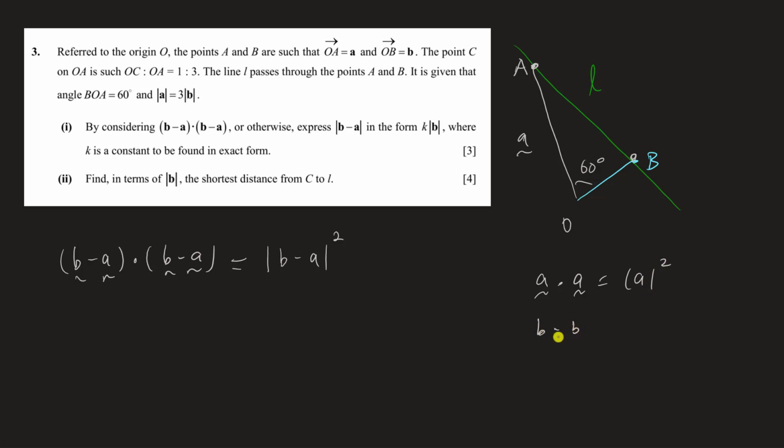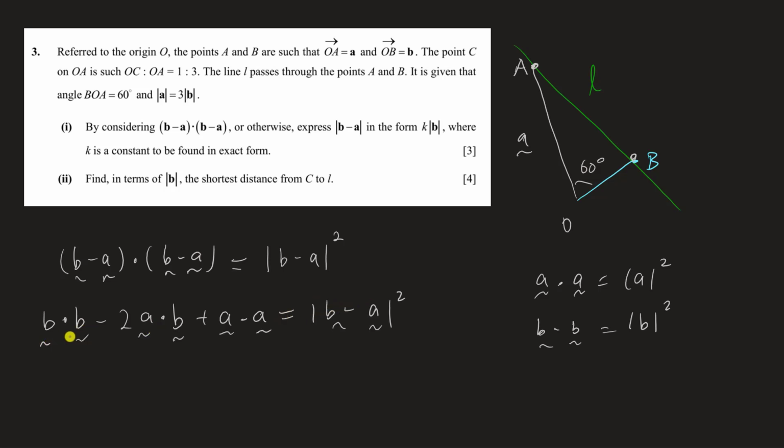B dot B is mod B square. Now I'm going to expand this bracket using normal algebra. I'll get B dot B minus 2 A dot B plus A dot A. It doesn't matter whether it's B dot A or A dot B, they mean the same thing. It's commutative. And this would be this.